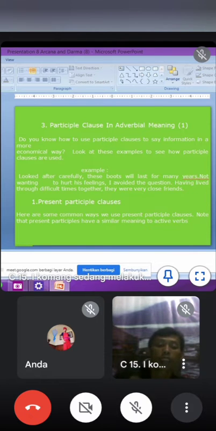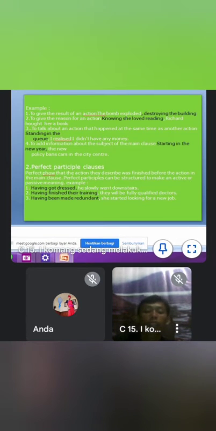For participle clauses, number 1, we have the present participle clause. Note that the present participle has a similar meaning to an active verb. For example, if you want to give the result of an action, the example: destroying the building.